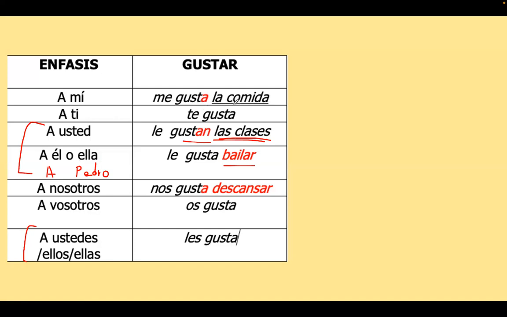Why? Because in general, for example, in this case, la comida is the subject, yes? And this is indicating who likes. This is called the indirect object, okay? So the best idea is just to practice, practice, and practice, okay?